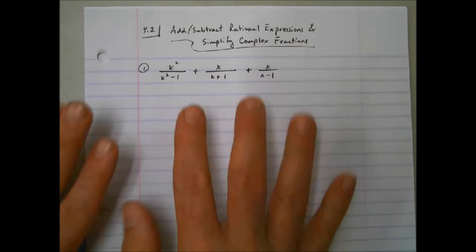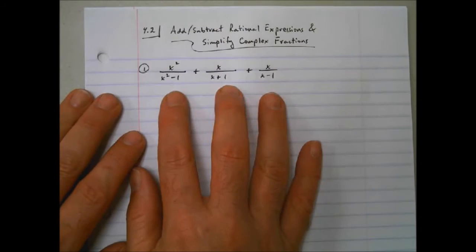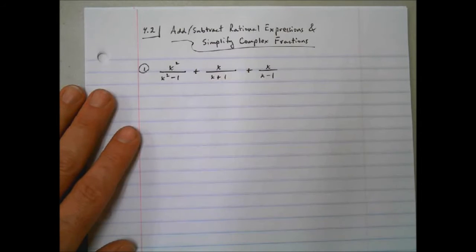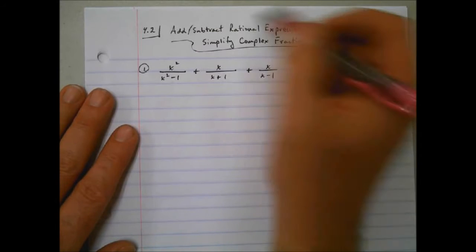Adding and or subtracting rational expressions as well as simplifying complex fractions. Okay, so if we are adding or subtracting fractions, we need a common denominator. That's really what it boils down to.